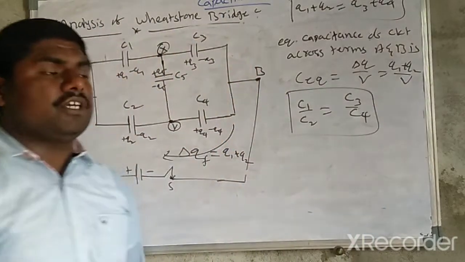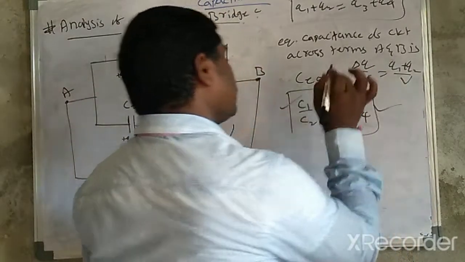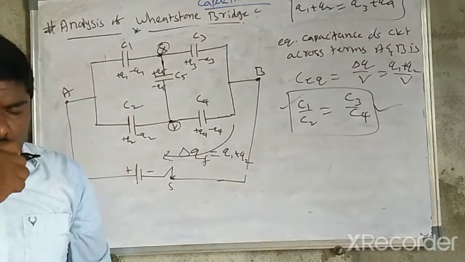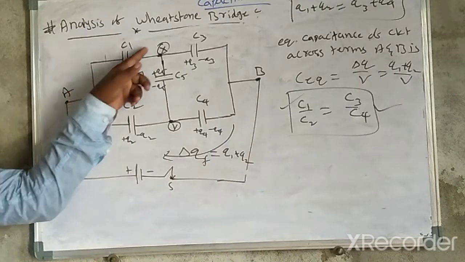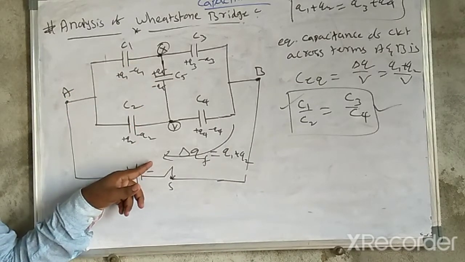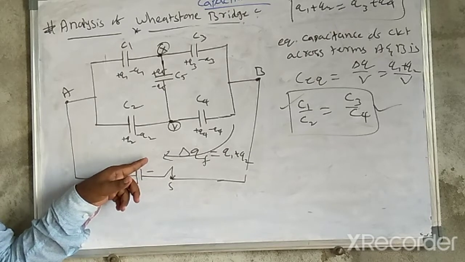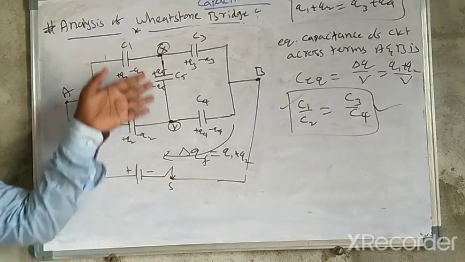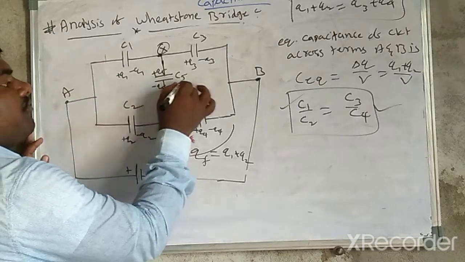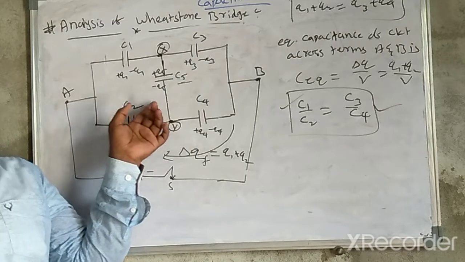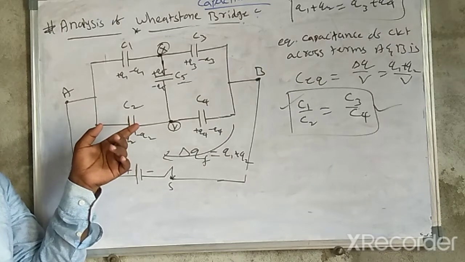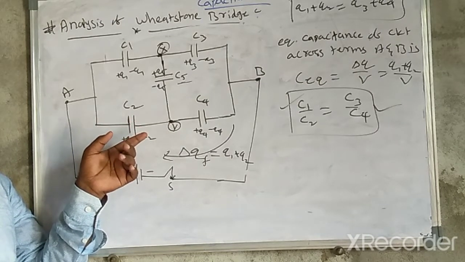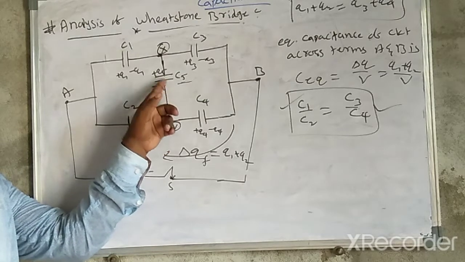In this situation we get potential at X equal to potential at Y, and if X and Y are equal, then we can state no charge will accumulate on the plates of capacitor C5, as there is no charge and no potential difference across the capacitor C5.